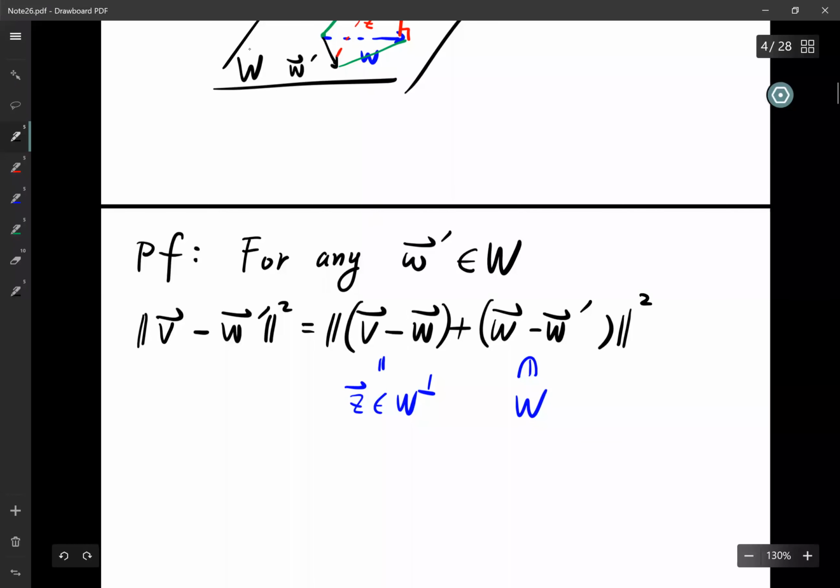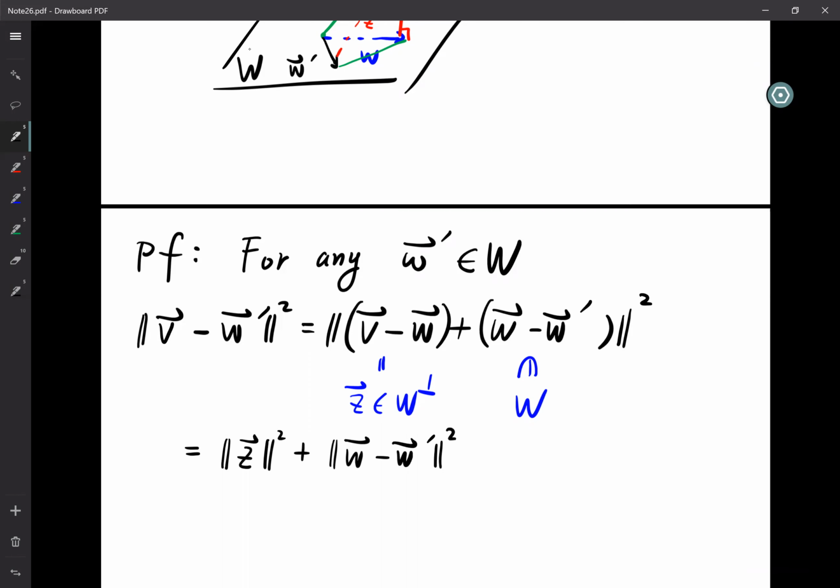Again, by Pythagoras theorem, this is Z squared plus W minus W prime squared. This one is a non-negative number squared. Now we just cancel the square on the left and right hand side, and we have proved the theorem.